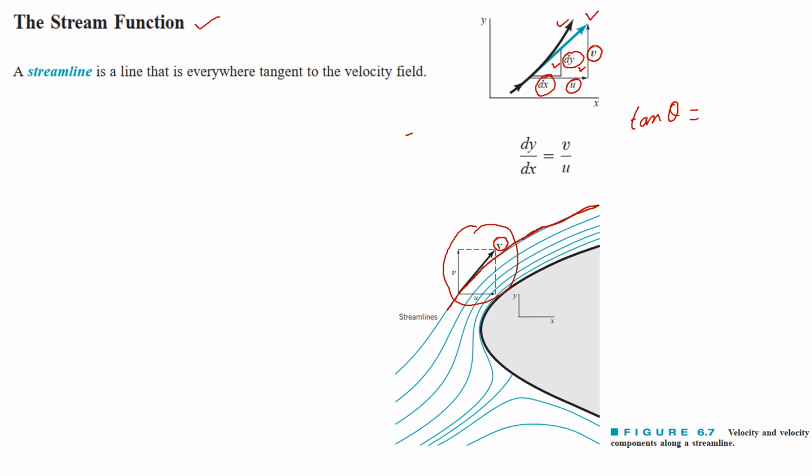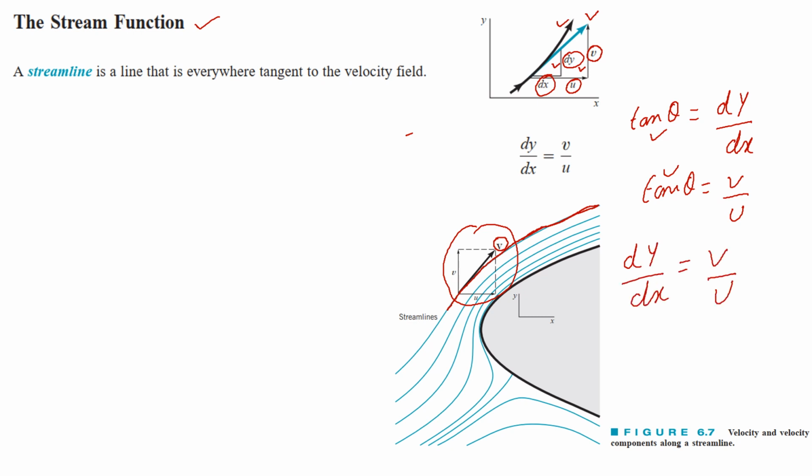The tangent theta of the smaller triangle comes out to be dy over dx, and the tangent theta of the bigger triangle comes out to be v over u. So we are comparing these two, that is dy over dx is equal to v over u. So this is our equation for the streamlines.